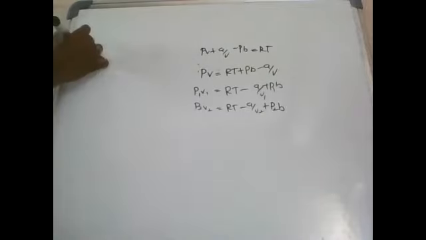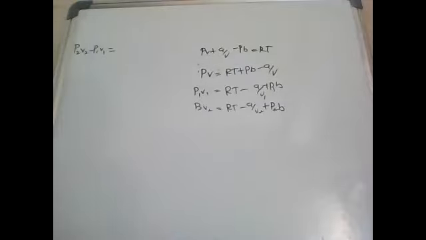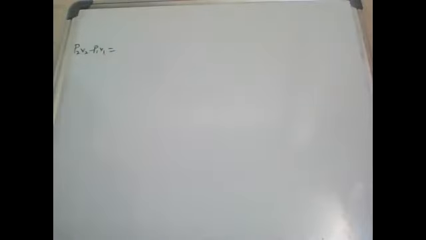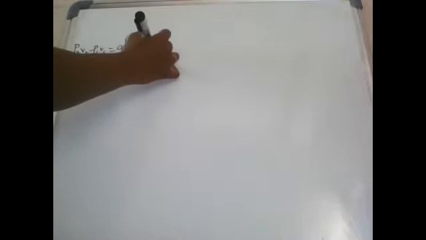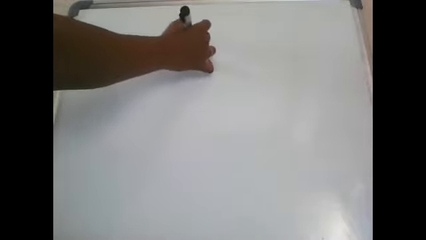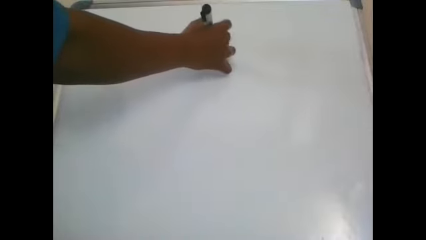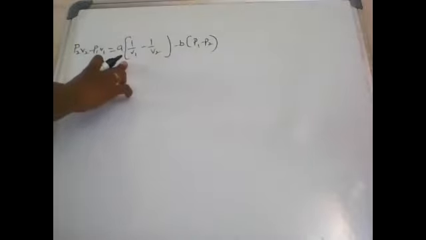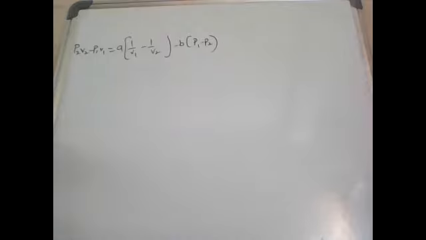Next, P2 V2 minus P1 V1. From these two equations, RT gets cancelled. We get A into (1 by V1 minus 1 by V2) minus B into (P1 minus P2). So from the previous equation, we have this value for P2 V2 minus P1 V1.